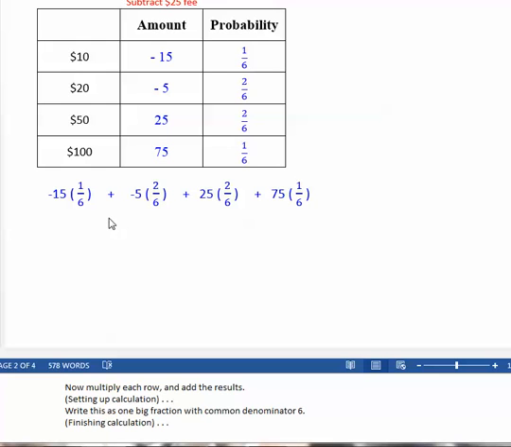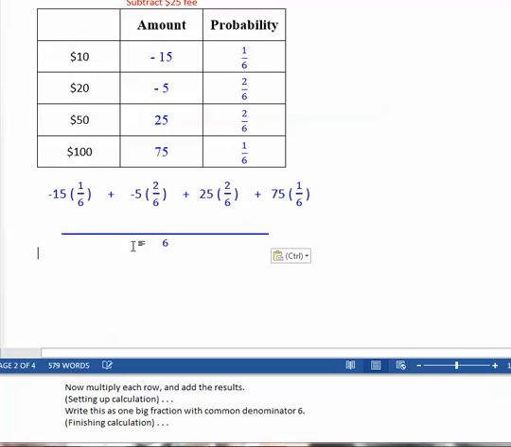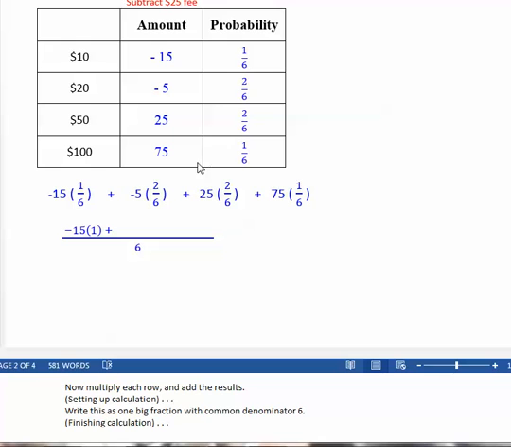Write this as one big fraction with common denominator 6, and the numerators will be negative 15 times 1 plus negative 5 times 2 plus 25 times 2 plus 75 times 1.